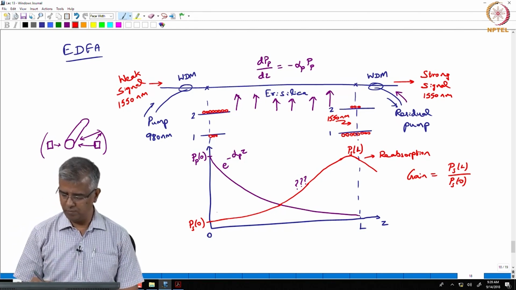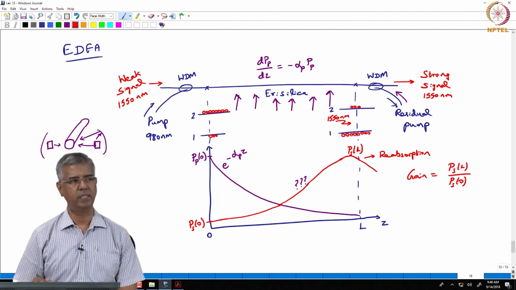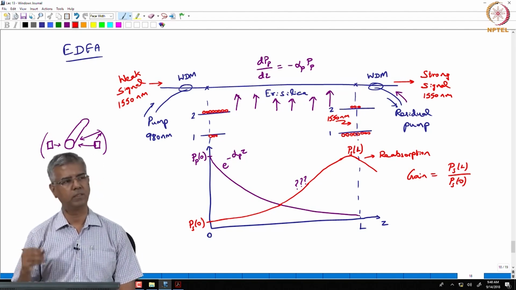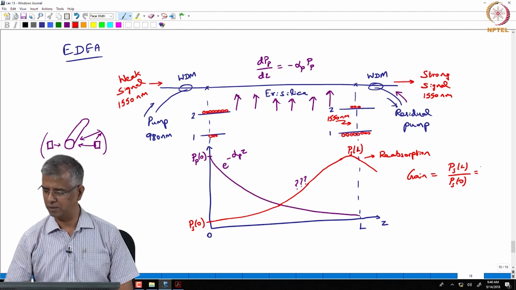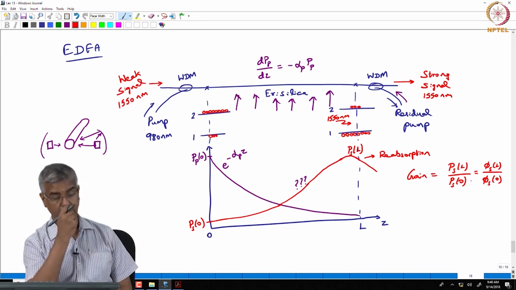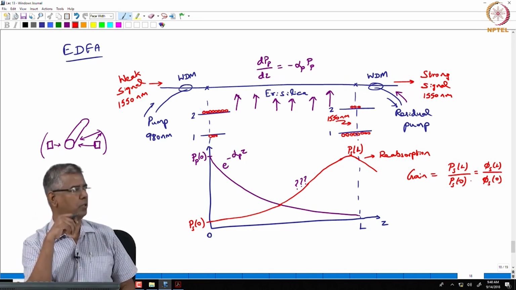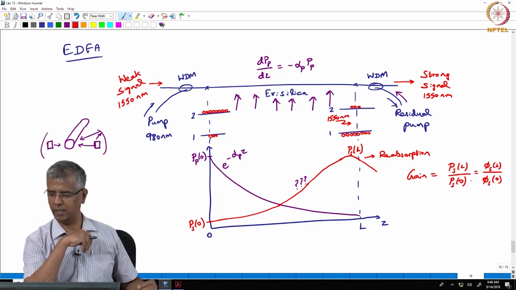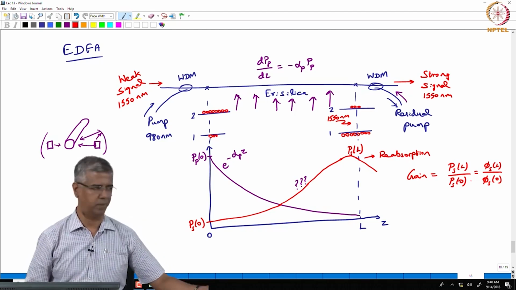So I have to track the signal power, or I could track the signal flux, because this can be written as phi s of L divided by phi s of 0. That is the signal flux coming into the fiber, and then we have a signal flux going out of the fiber.